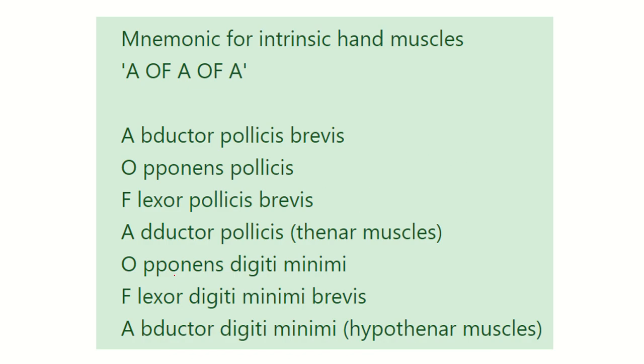One mnemonic to remember the intrinsic muscle group is A O A A O F A: A for abductor pollicis brevis, O for opponens pollicis, F for flexor pollicis brevis, A for adductor pollicis, O for opponens digiti minimi, F for flexor digiti minimi brevis, and A for abductor digiti minimi.